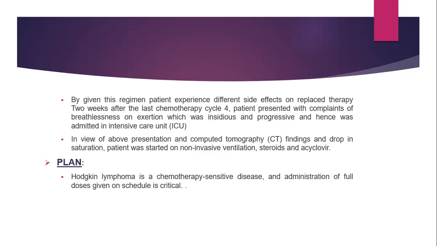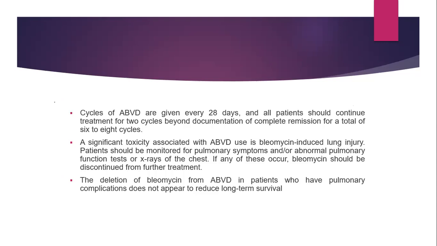For Hodgkin lymphoma, a chemotherapy sensitive disease, administering the full dose on schedule is critical. We can't skip the dose. We can't change the day. The schedule is very critical in chemo. Cycles of ABVD, as we know, are given over 28 days, as was given previously to the patient.